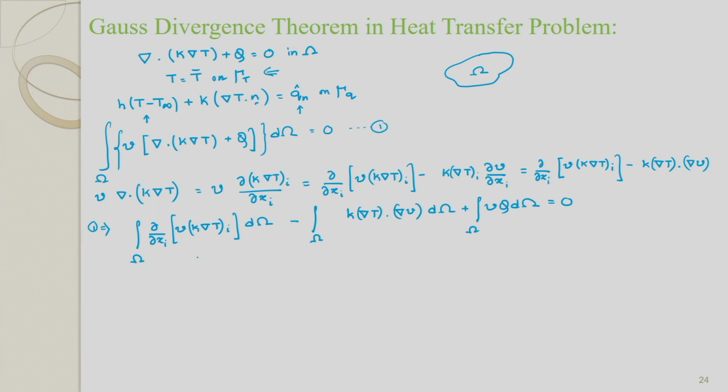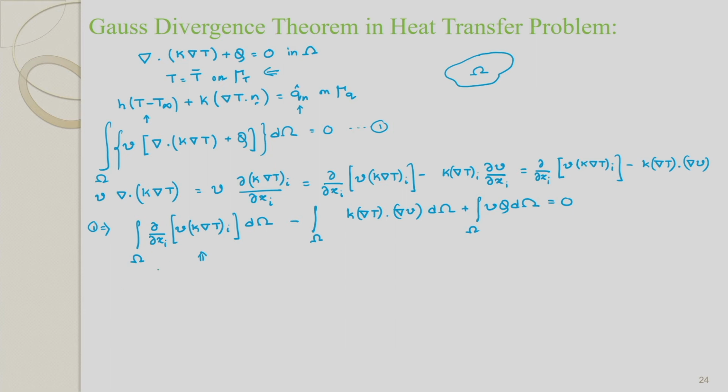Now, to this term we can apply Gauss divergence theorem. Here one important point to note, we have to express that del/del x_i over the whole integrand. So, here it is over the whole integrand. At the starting it was only on k del T. So, in order to apply Gauss divergence theorem, we have to express it in such a way that del/del x_i should be over the whole integrand.